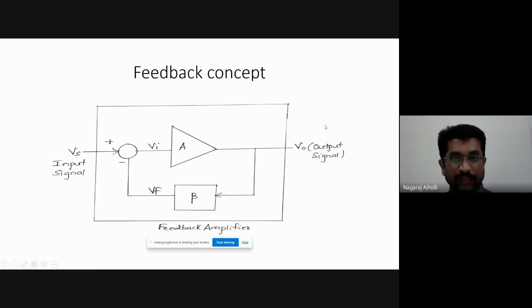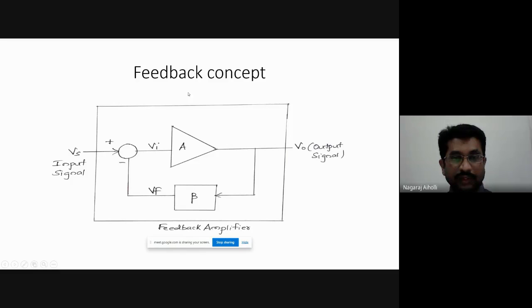So this is how a feedback circuit works. It consists of the forward portion, that is the amplifier, and in the feedback portion we have the feedback path or the feedback circuit. The combination of these two, the amplifier and the feedback circuit, gives us what is called the feedback amplifier circuit.